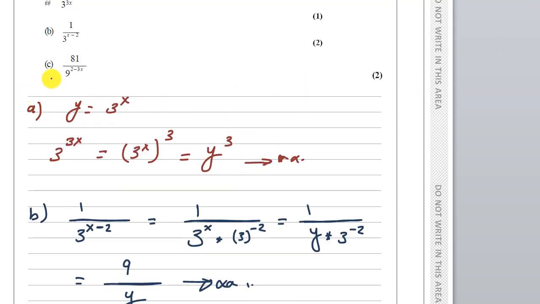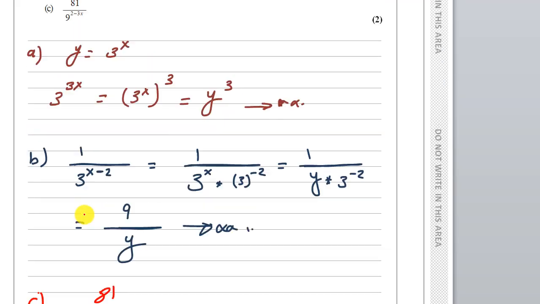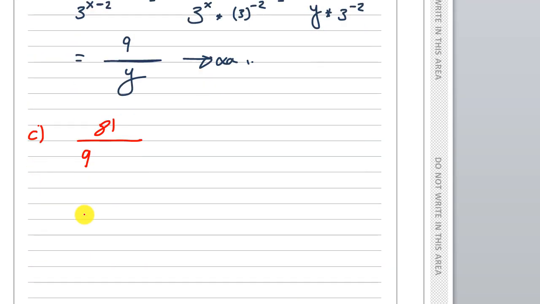Now the last part is C, 81 divided by 9 to the power 2 minus 3x. So this is C. We have 81 divided by 9 to the power 2 minus 3x. So it's equal to 9 squared divided by 9 to the power 2 minus 3x. So it's equal to 9 to the power 2 minus 2 minus 3x.